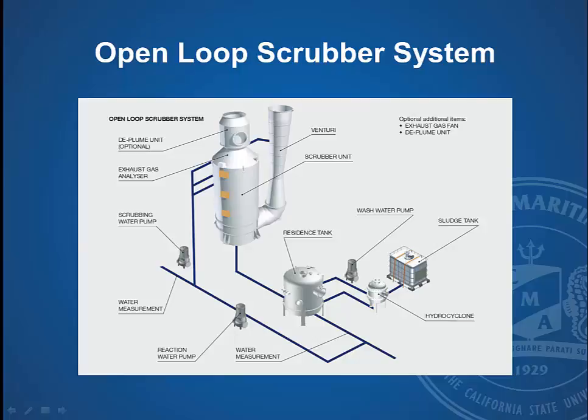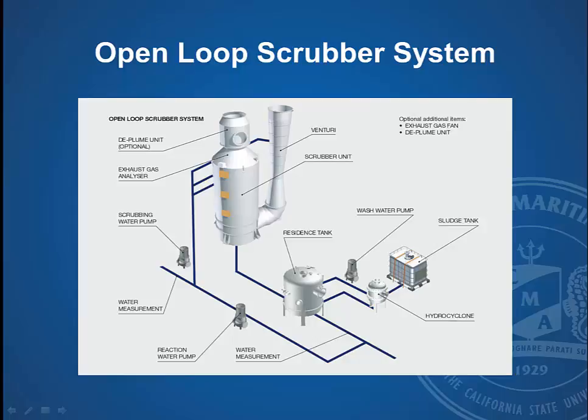Your exhaust gas will be moving down, what they're showing here is the venturi, and will enter the scrubber unit at the bottom. That gas will move upwards within the scrubber, and it will go through trays, and in those trays you have a media such as rock, or like it looks like a ping pong ball, and that gives a lot of surface area for that exhaust gas to work its way around.